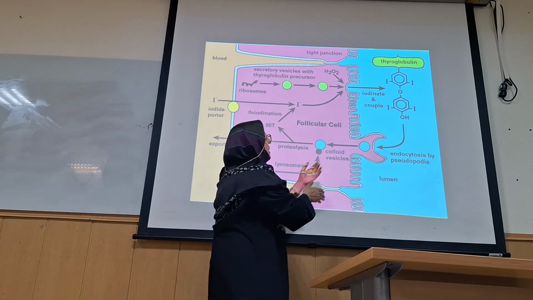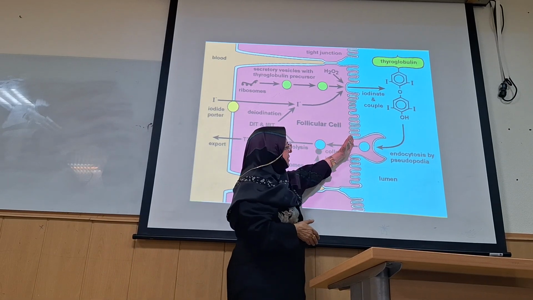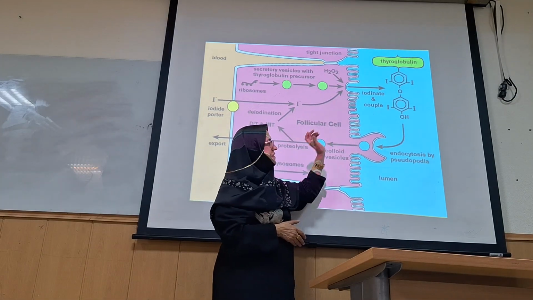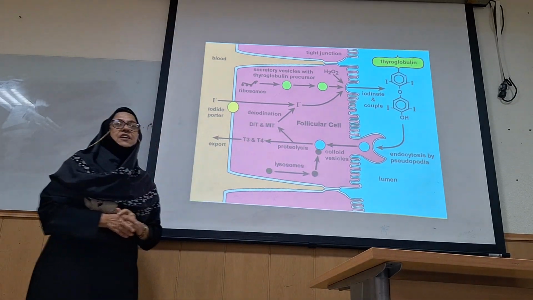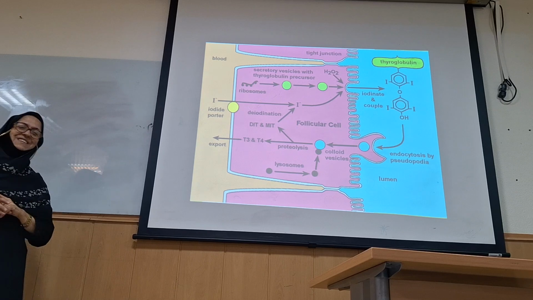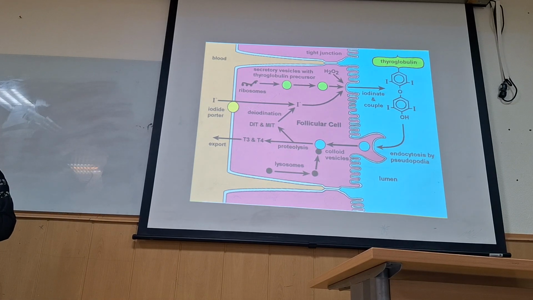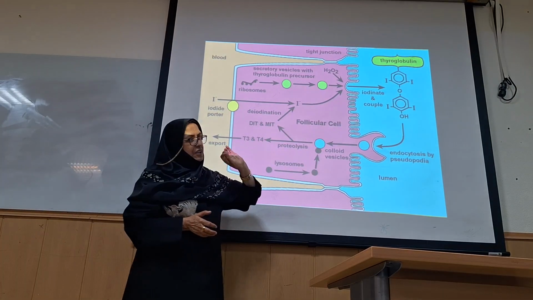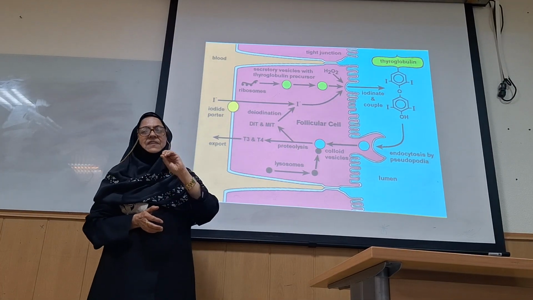We need an important enzyme in the cell membrane near the lumen. This enzyme is tyrosine peroxidase. Tyrosine peroxidase converts negative iodide to neutralized iodine.